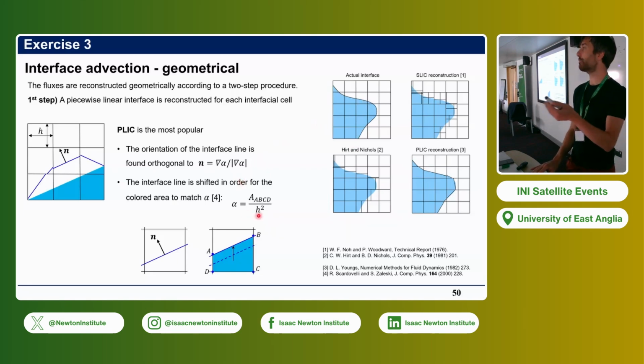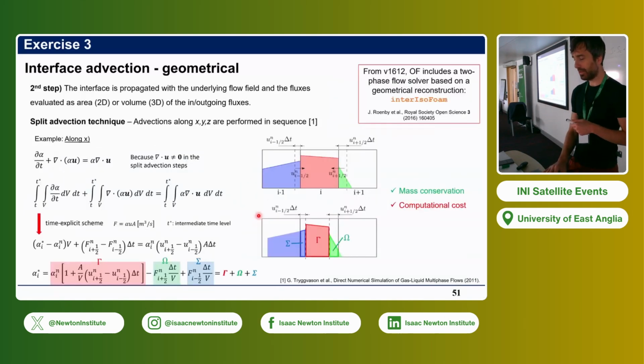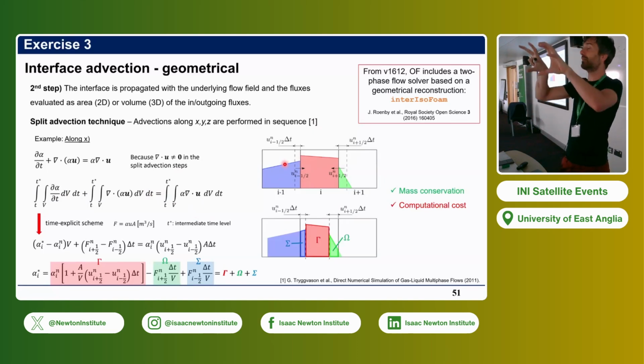And once this linear approximation is found, I'm not going to go into the details of this integral, but it's simply calculating how much of the volume of fluid from the neighbor cells to the one I'm solving for, how much of their volume will enter my cell or leave my cell.